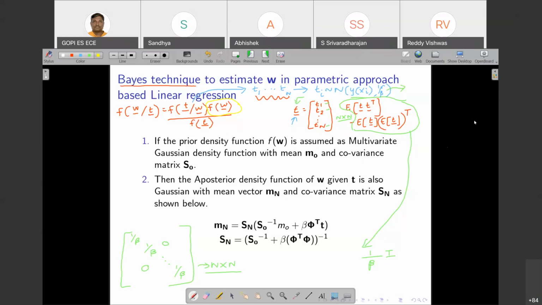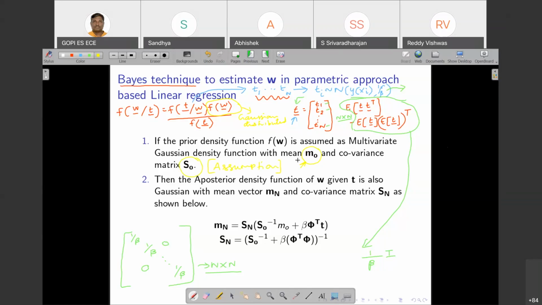This f of w is also Gaussian distributed, multivariate Gaussian distributed, with mean vector m naught and covariance matrix S naught. We are assuming that it has some covariance matrix and some mean vector m naught.